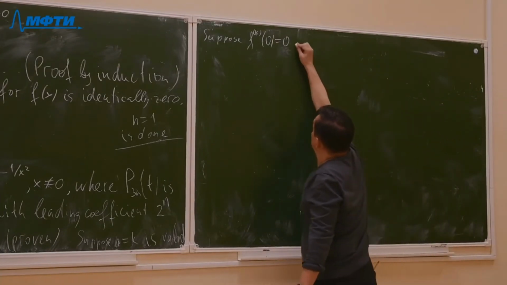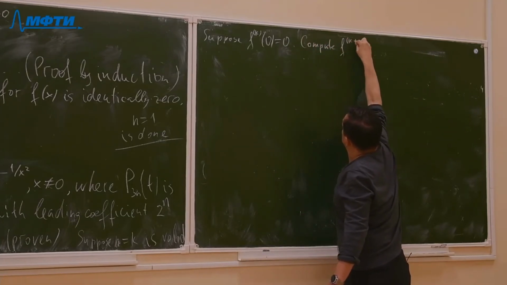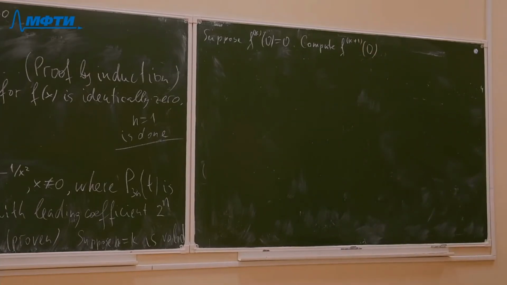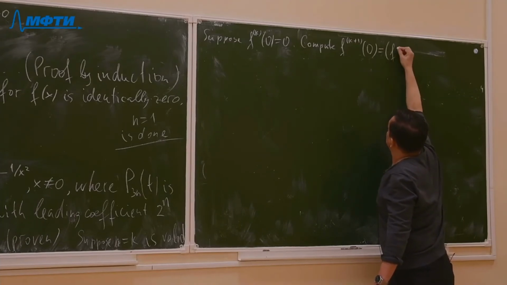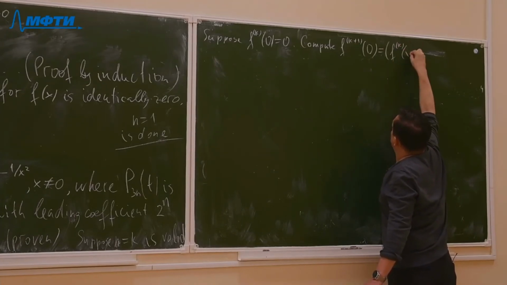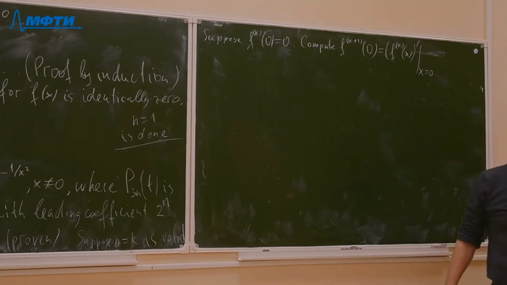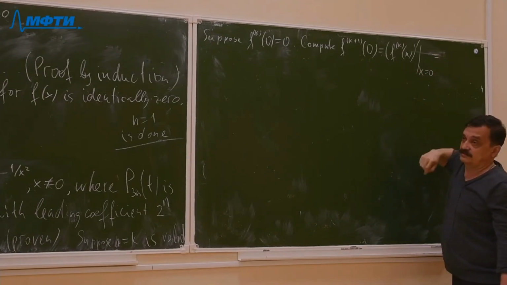So, we need to compute the derivative of the order k plus 1, right? And we proceed by definition. So, that is the derivative of the kth order at x equals 0, right? We need to compute the derivative of the kth derivative, taken at x equals 0.